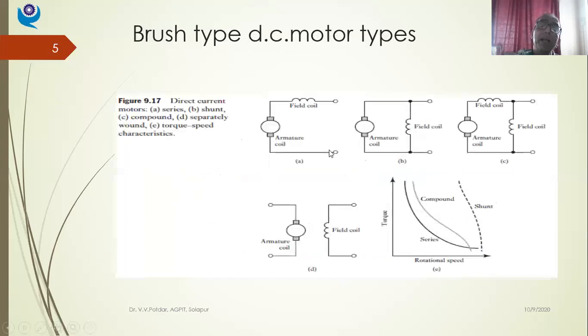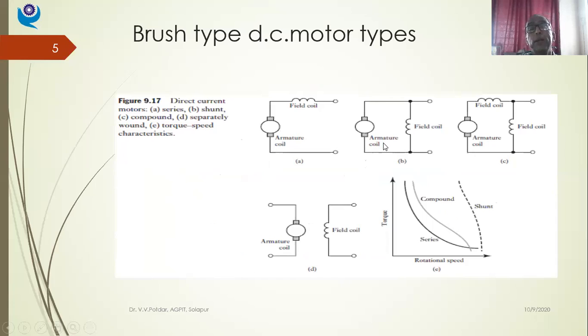Now let us see the types of brush type DC motors. First is series wound. The field coil is in series with the armature winding. So this is called a series wound DC motor. The second one is the shunt wound DC motor.